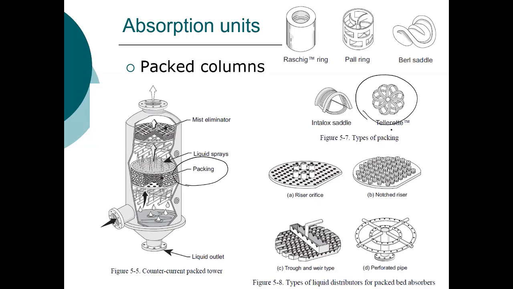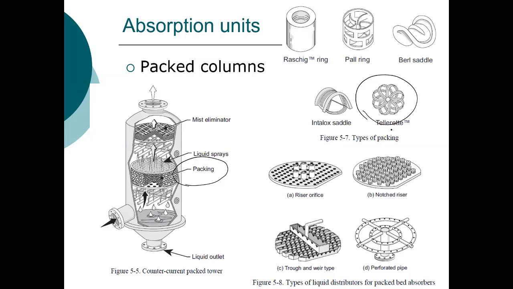So you can see here, for instance, it's almost like a ribbon. And what we have is significant surface area across which the water can distribute and the air can diffuse, or the chemicals can diffuse across that mass transfer interface into the liquid.